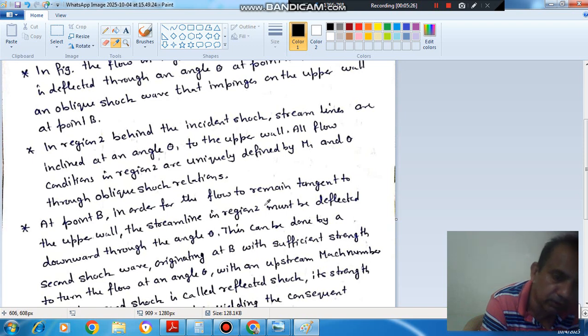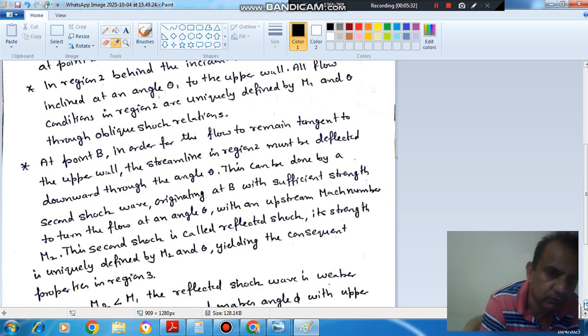At point B, in order for the flow to remain tangent to the upper wall, the streamlines in region 2 must be deflected downward through an angle theta. This can be done by a second shock wave originating at B with sufficient strength to turn the flow by an angle theta with an upstream Mach number M2.